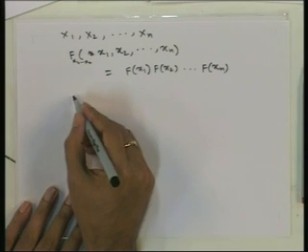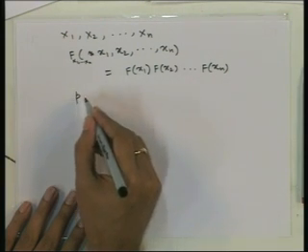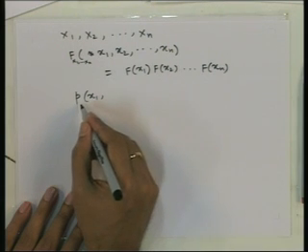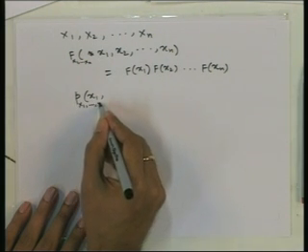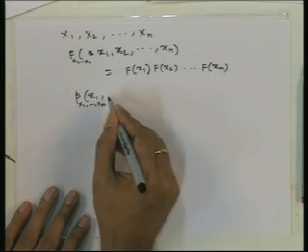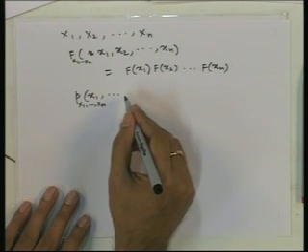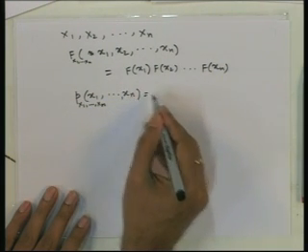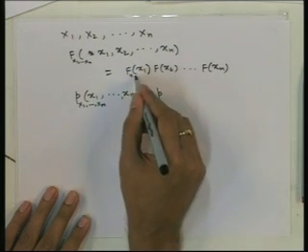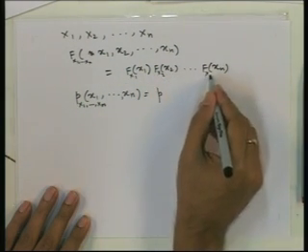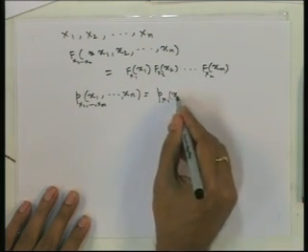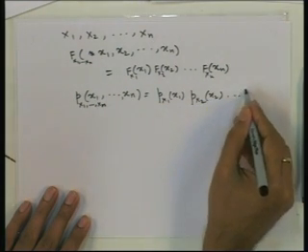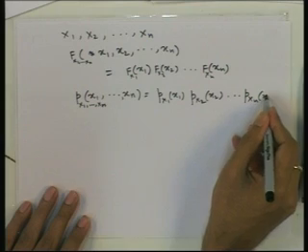So, this is true, and if this is true, one can also show that the joint density function can also be factored: p x1 x1 times p x2 x2 times p xn xn.